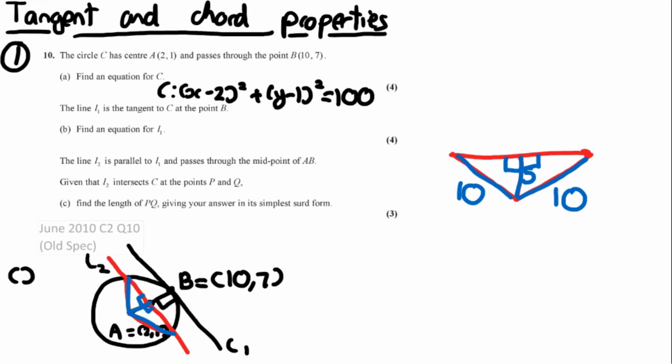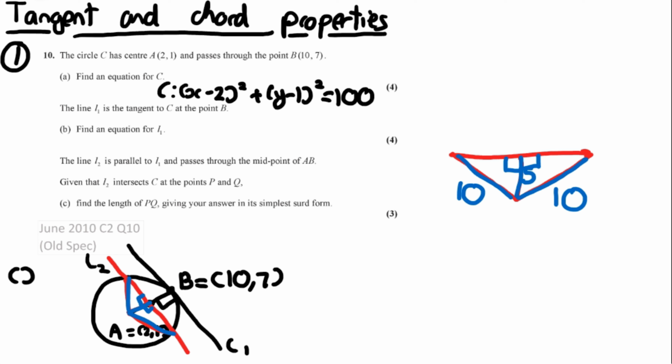It's going to be perpendicular because this radius and this tangent are perpendicular, and the line L2 has the same gradient, remember, and it passes through the midpoint of AB, which is the midpoint of PQ. So therefore, it's going to be the perpendicular bisector, and it's going to be perpendicular here. And as you can see, we've actually created 2 identical, congruent right angle triangles.